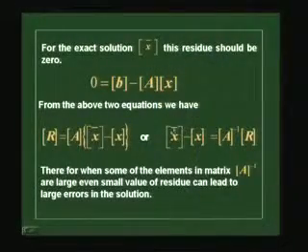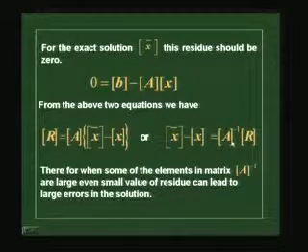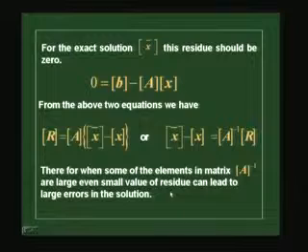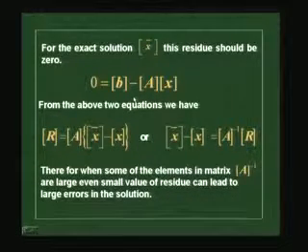But if you write it in this form, that is x bar minus x is A inverse of R, you find that if some of the elements of A inverse are large, then you may have residues be very small, but the solution is still very bad, because the actual difference is A inverse times R, and A inverse is a large matrix. Therefore, finding the A inverse is sometimes very necessary, even when you find the solutions of the set of linear equations by elimination process or whatever other means.